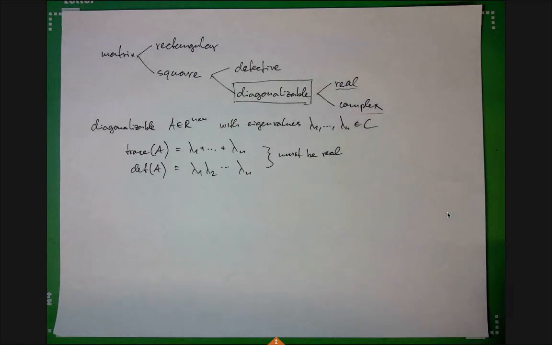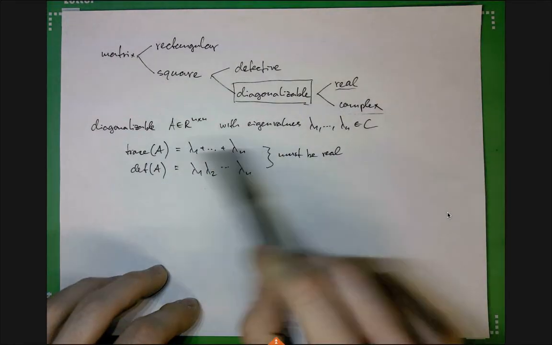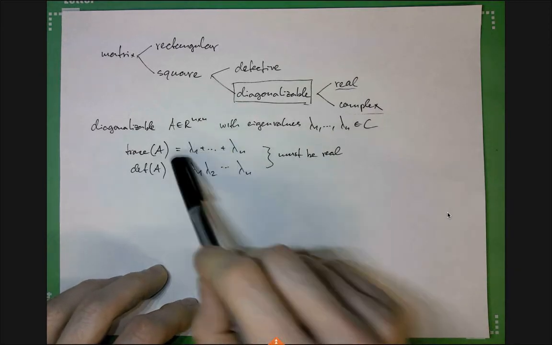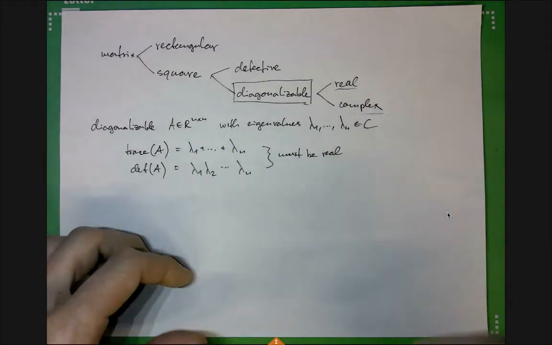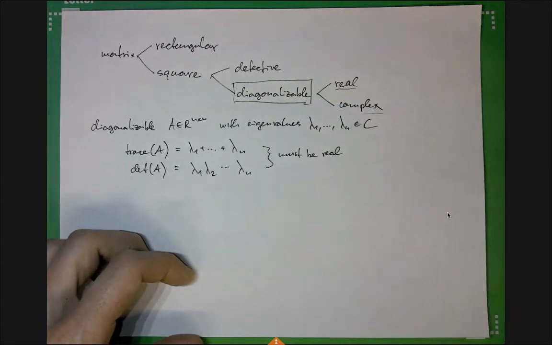You need to invoke one thing I was discussing about the complex eigenvalues. They always come in complex conjugates. Exactly, they always come in complex conjugates. So if you sum all of them together, then you are guaranteed you are summing the complex conjugates together, and if you are summing two complex conjugate numbers, you get a real number, right? The complex conjugate flips the imaginary part. If you sum it, you get zero imaginary part, you get a real number.